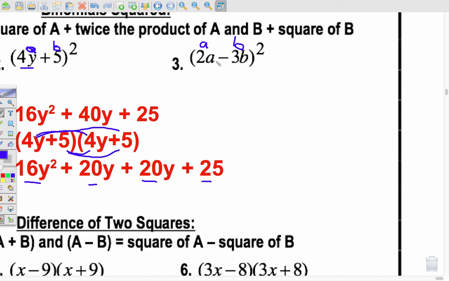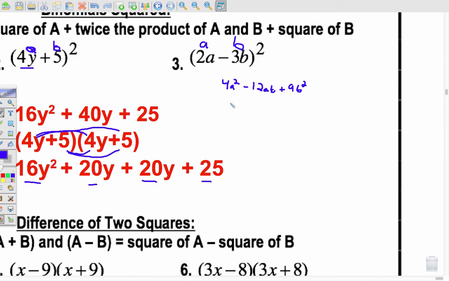All right, so let's do this together. I know that 2a squared is going to be 4a squared. I know that 2a times 3b is going to be a negative 6ab, times 2 is going to give me a negative 12ab. And then negative 3 squared is 9, so it's going to be positive 9, and then b squared.